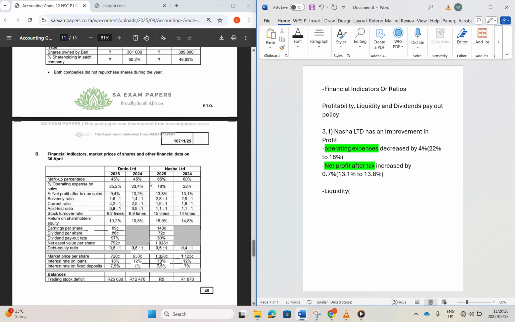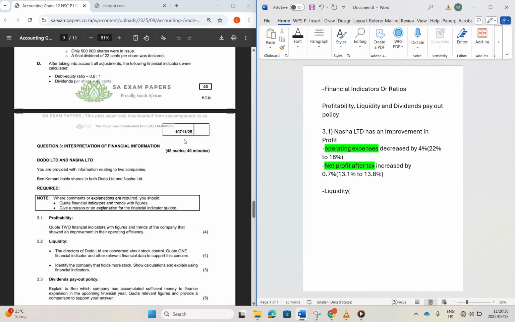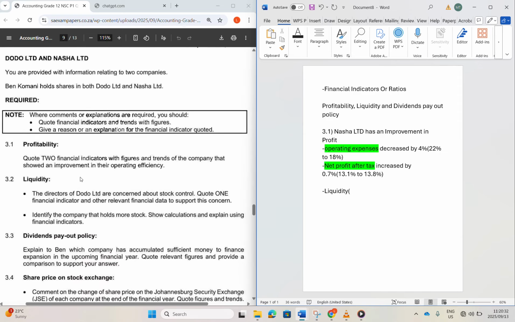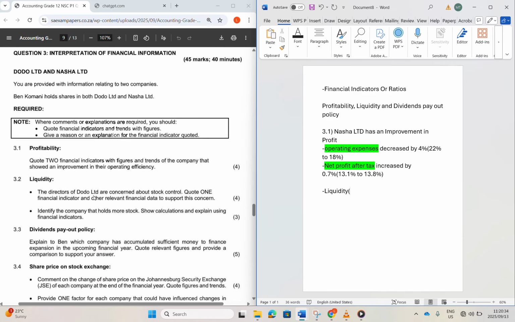So let's go to the question. It says, the directors of Dodo Ltd are concerned about the stock control. Quote one financial indicator and other relevant financial data to support this concern.